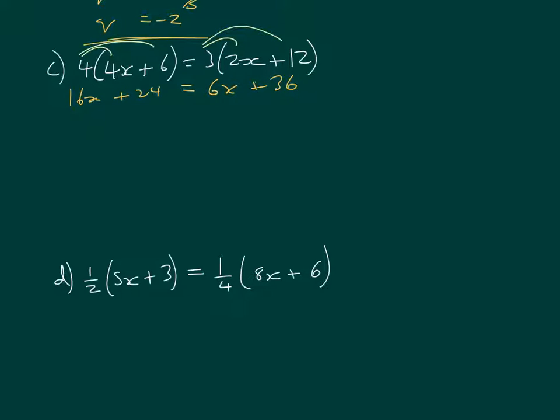I'm going to get the x's on the left hand side, so I'm going to subtract 6x from both sides, which will give us 10x plus 24 equals 36. I'm now going to subtract 24, so we'll have 10x equals 12, and then x is going to be 12 over 10, so x is, simplifying it, 6/5, or we could call it 1.2 if we wanted to use decimals.